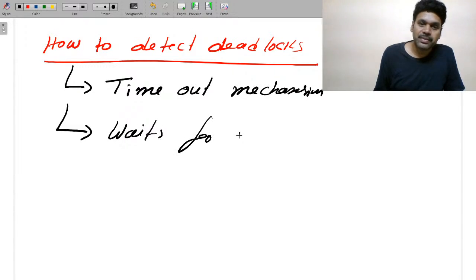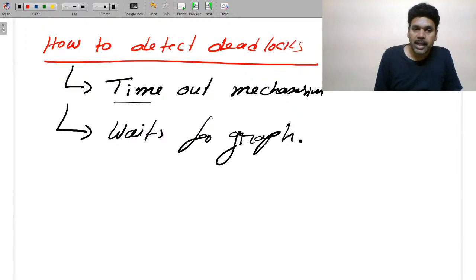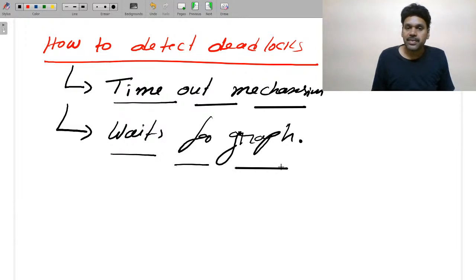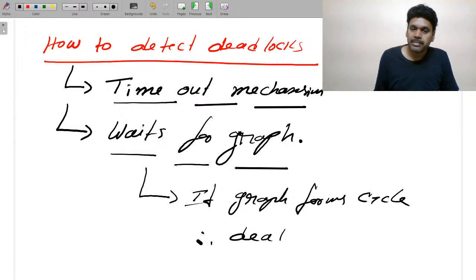Wait-for graph. Timeout mechanism is also called wait-for graph. So what is a wait-for graph? Please observe carefully. If the graph forms a cycle, then it is a deadlock.